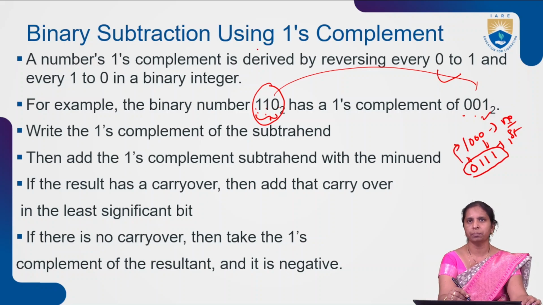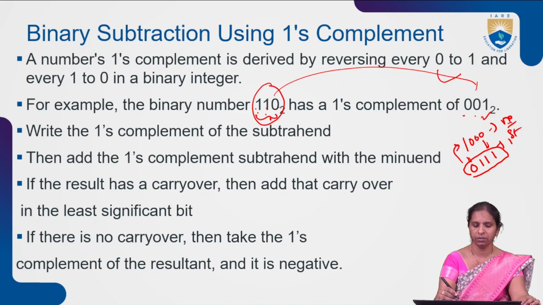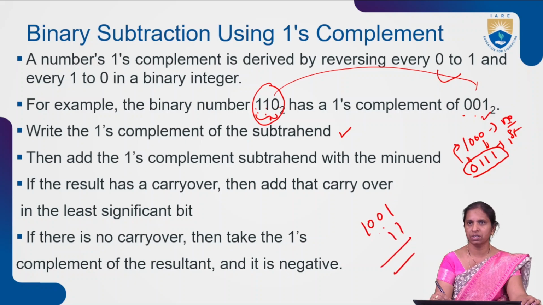Now, we want to subtract two binary numbers using this 1's complement method. So for this, what you have to do? First, you have to write down the 1's complement of the subtrahend number. For example, you want to subtract from this 1001. Then for this subtrahend, you have to write down the 1's complement.